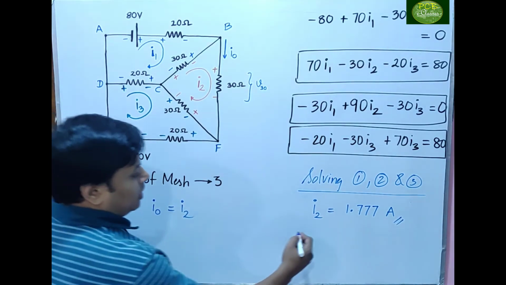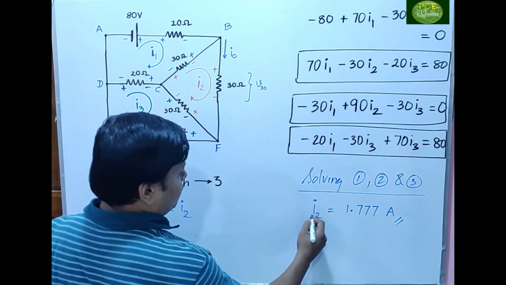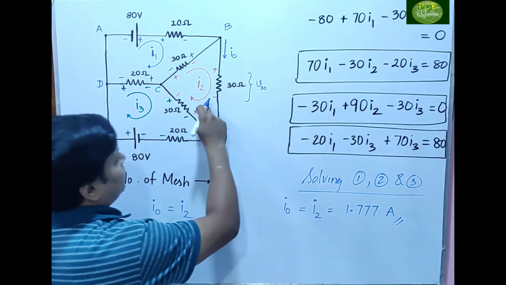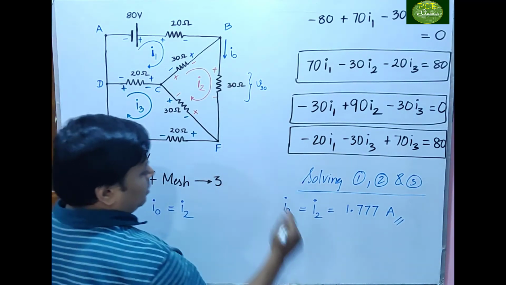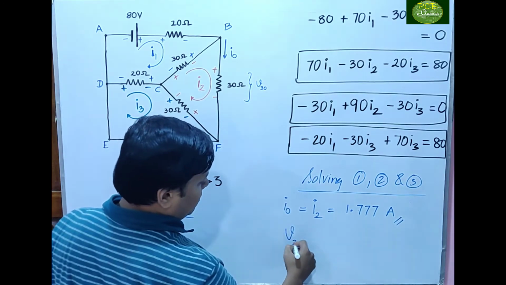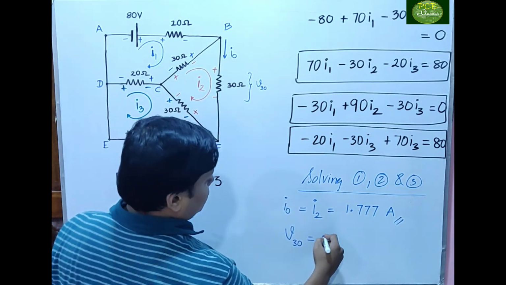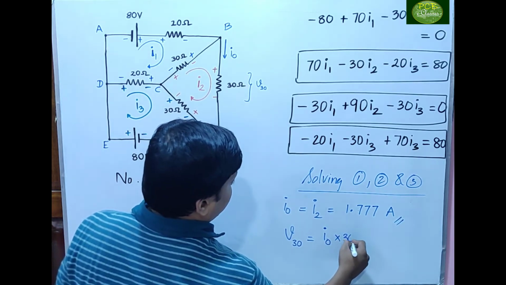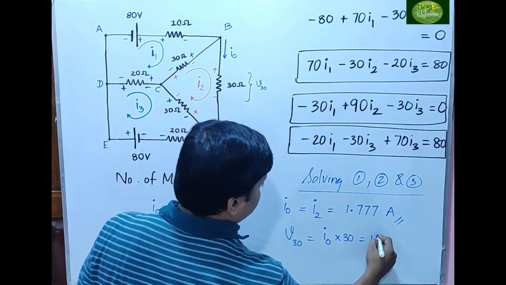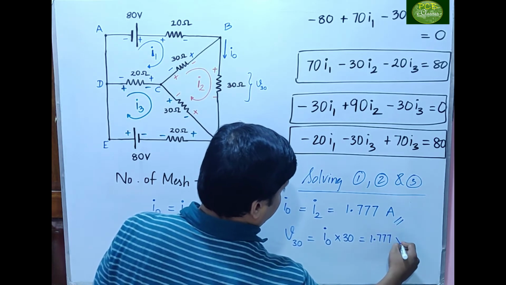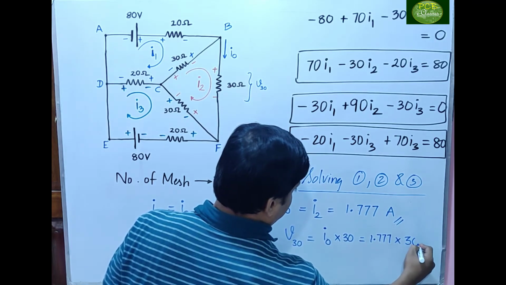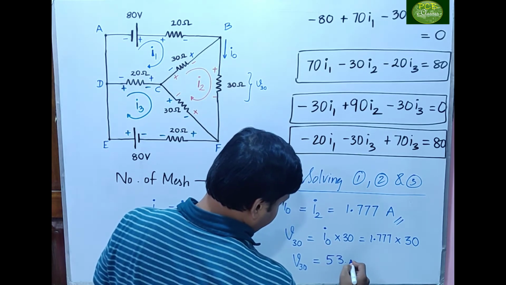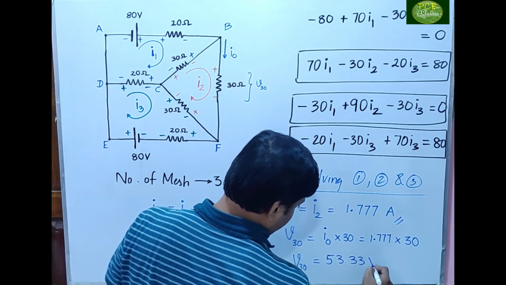Fine. Now what will be the voltage? What is this I2 actually? It is I0, flowing across 30 ohms. So what will be V30? Equals I0 multiplied with 30. That is 1.77 multiplied with 30. So it is 53.33 volt.